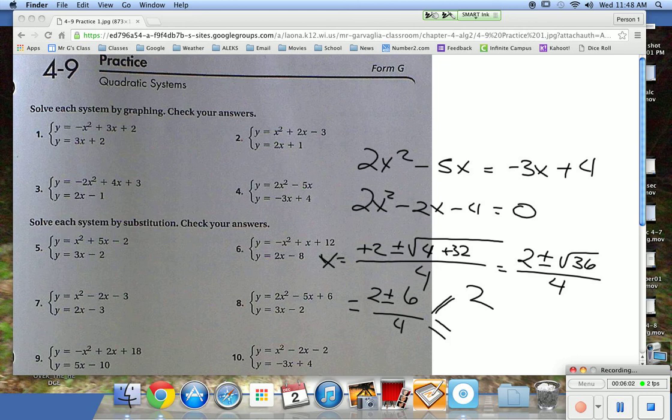And the other way, 2 minus 6 would be a negative 4, so it'd be a negative 1. Those are your two answers. Got it, Otters? See how we do that? Pretty easy, isn't it? It's just the next step. This is the last step of this chapter.